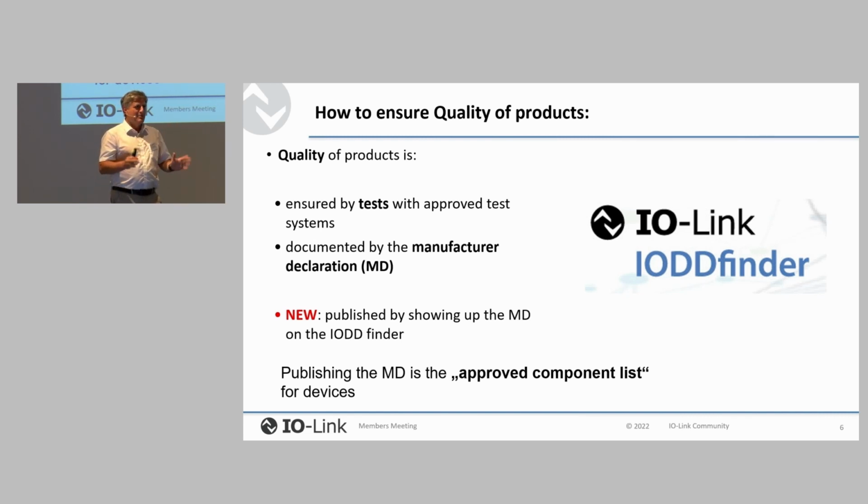In this case, we don't have an approved component list, but the mechanism of uploading the manufacturer declaration to the IODD finder works as the approved component list, documenting and publishing the quality of your products.